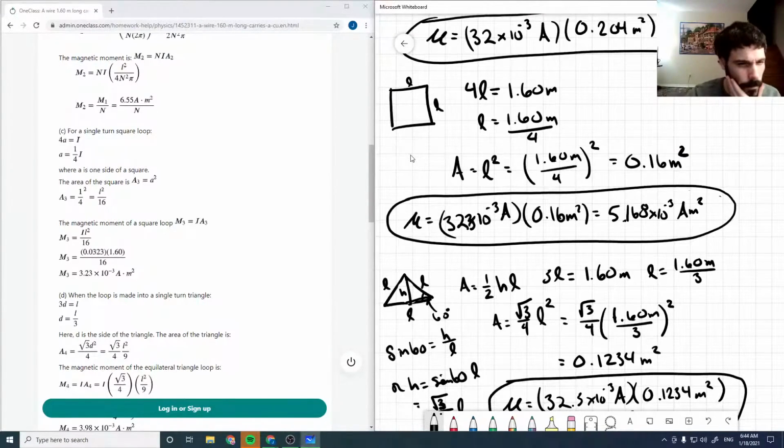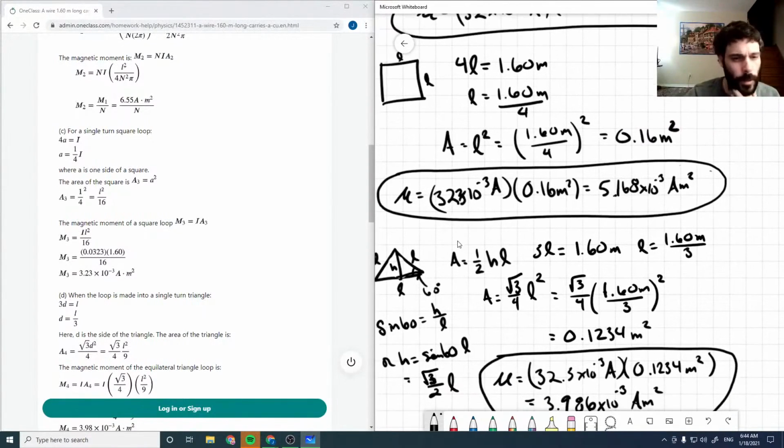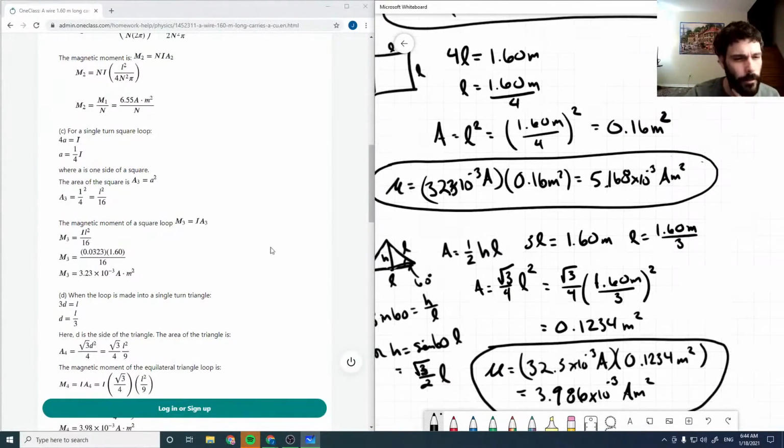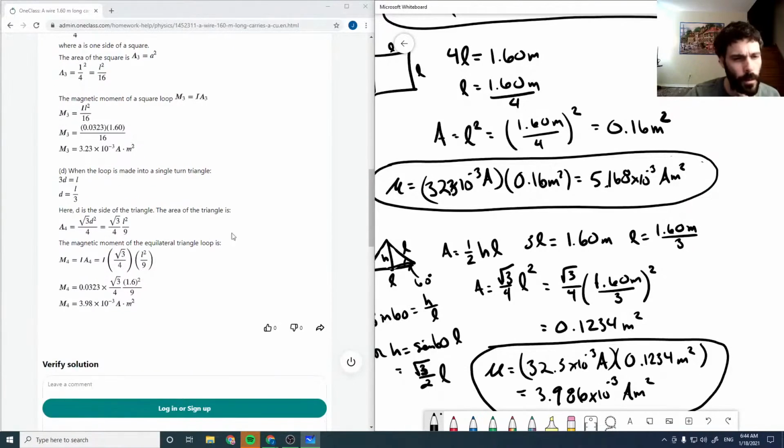So if they actually did the calculation shown there, that would be off, because this is the magnetic moment I believe I get. So I think they're just wrong there.